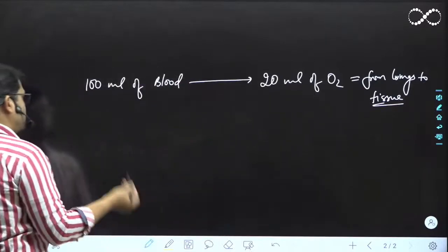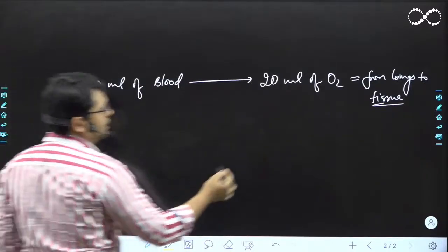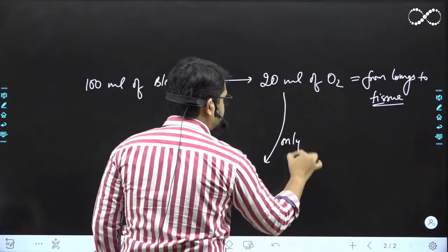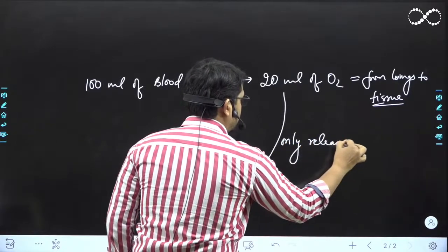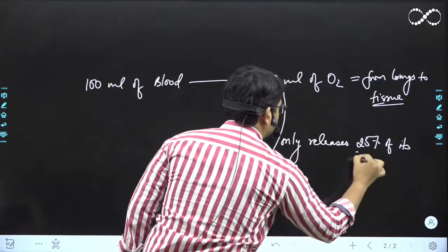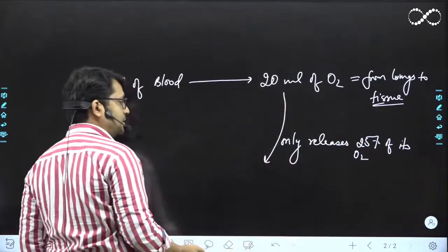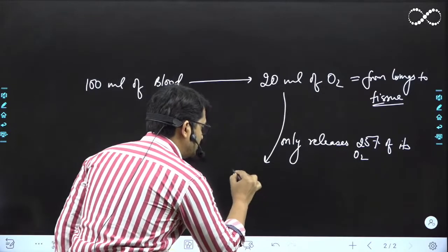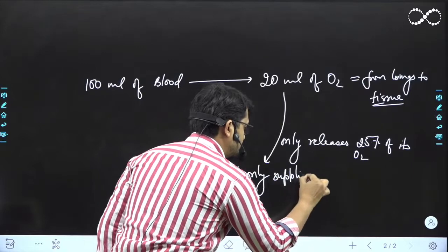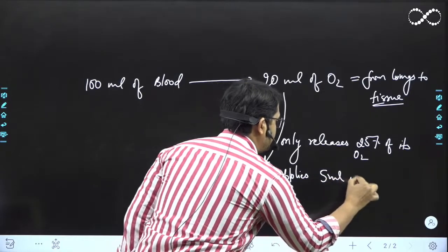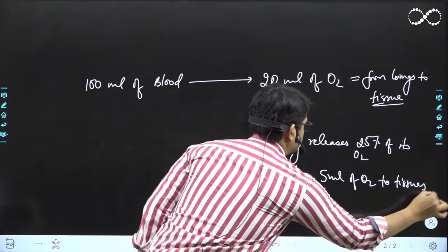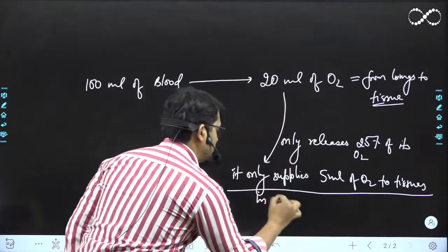Now in tissues what happens, it only releases 25% of its O2. सिर्फ 25% रिलीज करता है, यानी कि it only supplies 5 ml of O2 to tissues in normal condition, obviously, है ना?